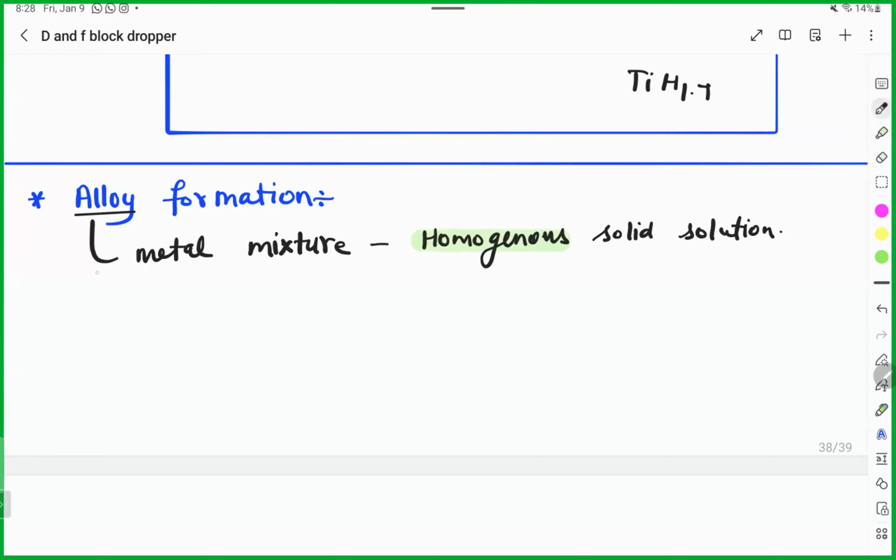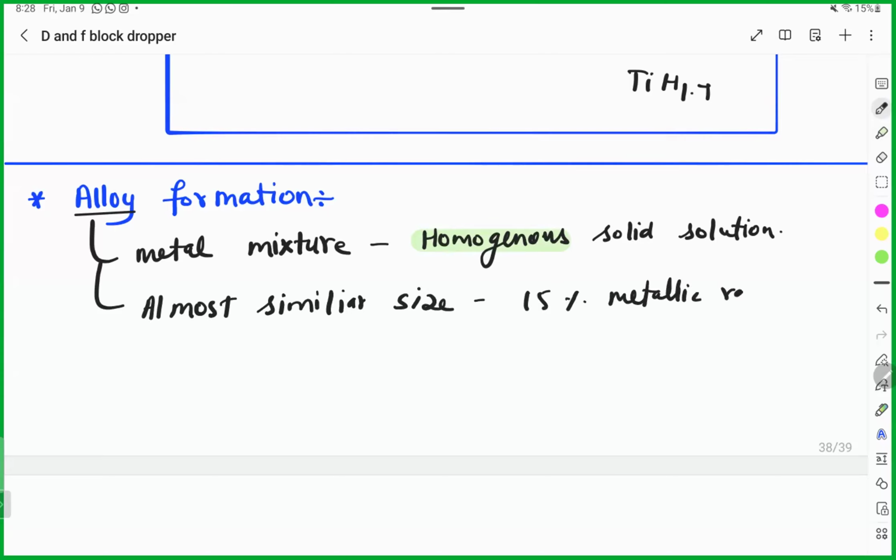The reason is almost similar size. The size difference is not more than 15%. It means if you have one element with 100 picometer metallic radius, then another element should be within the range of 115, maybe 114 picometer.